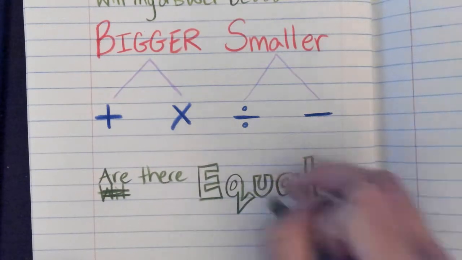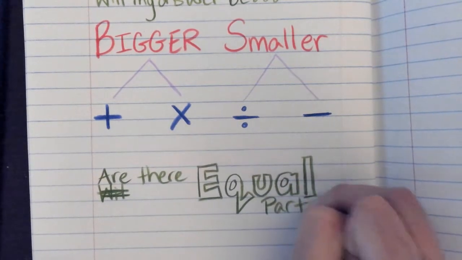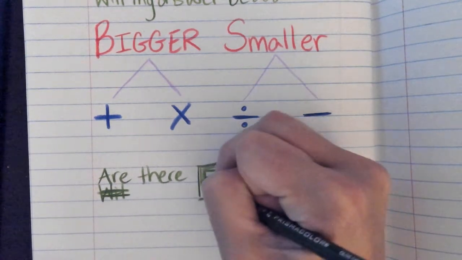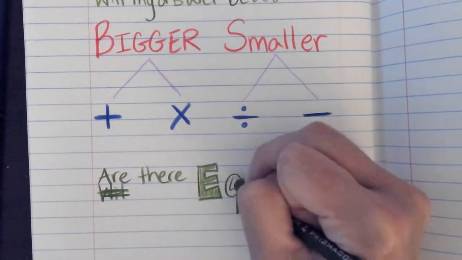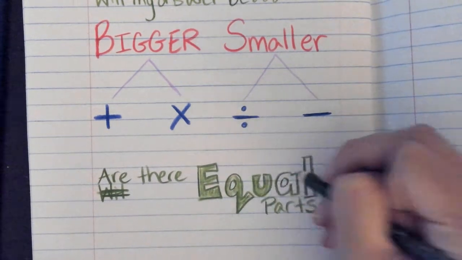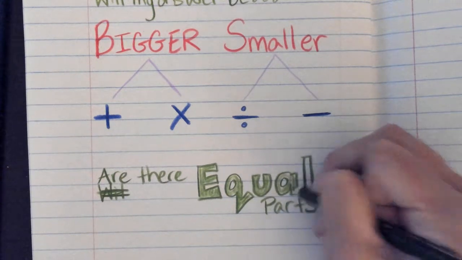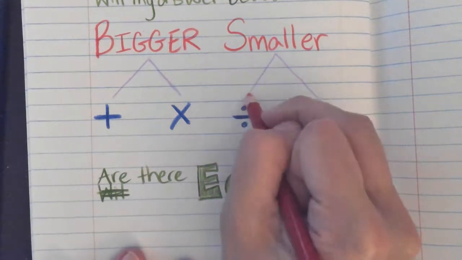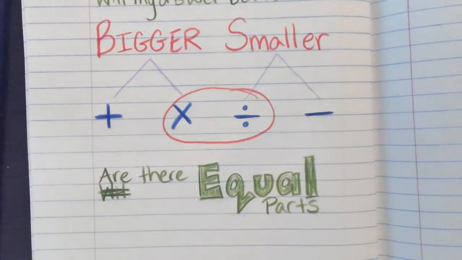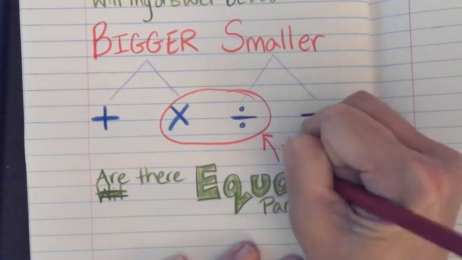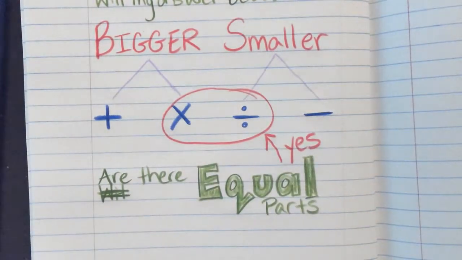And what I mean by equal parts, I'm going to go back to the teacher and the cookies. When the teacher handed out the cookies, did she give an equal number of cookies to each kid? Because if she did, then there's only two operations that deal with perfectly equal parts, and that would be multiplication and division, which is why we put those there. Are there equal parts? And if there are, then it has to be multiplication or division.